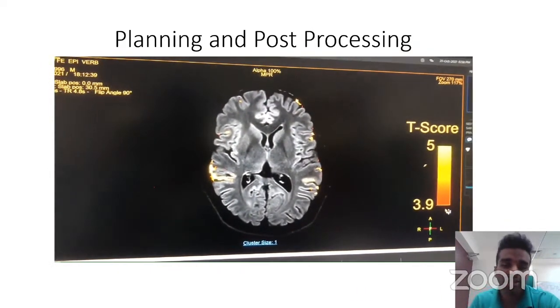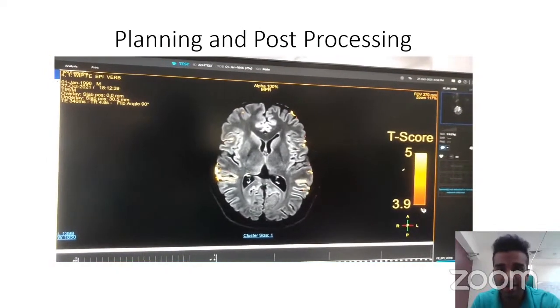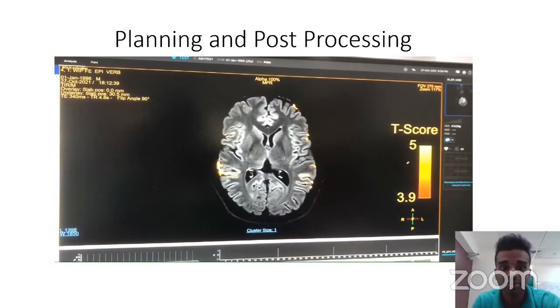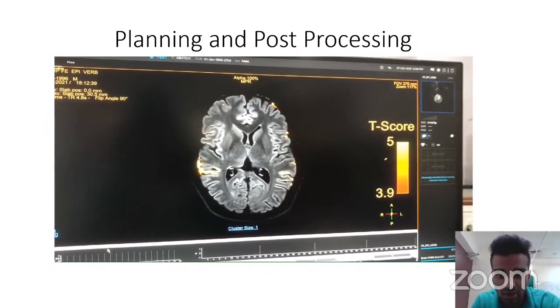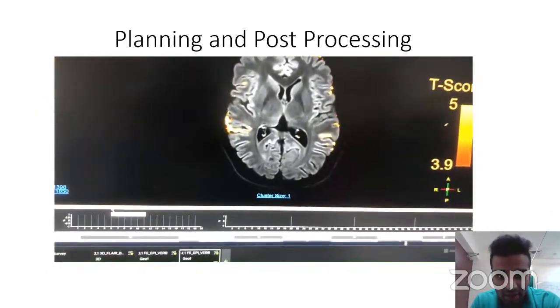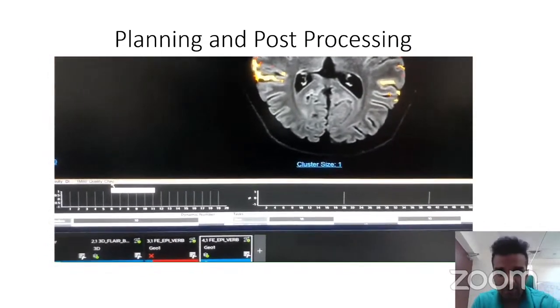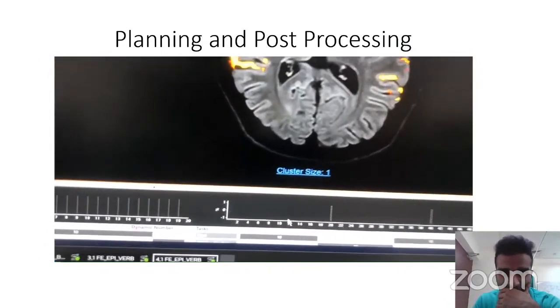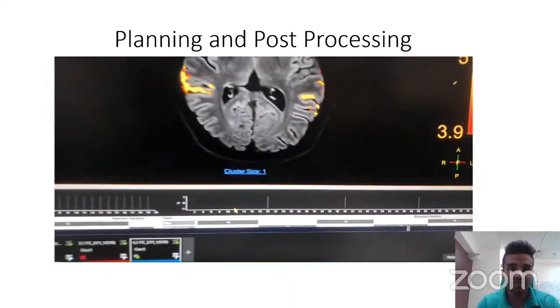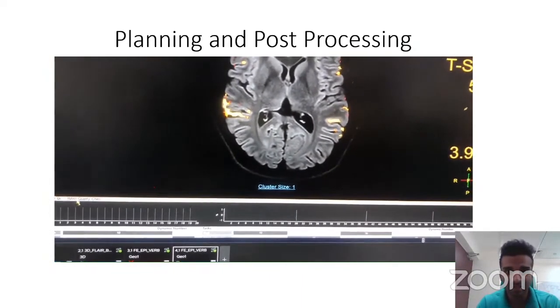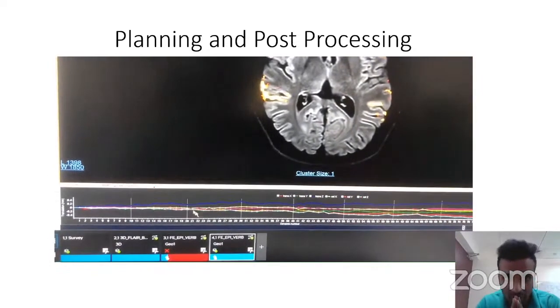So that's all about it. You finish the sequence, right click, and then you could suppress or eliminate artifactual activation. And you could see here the dynamic scan, see 10, 20. In the first 10 I had given nothing, just relaxing, then 10 activation, or activity.